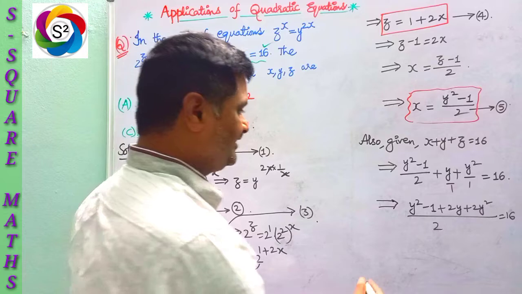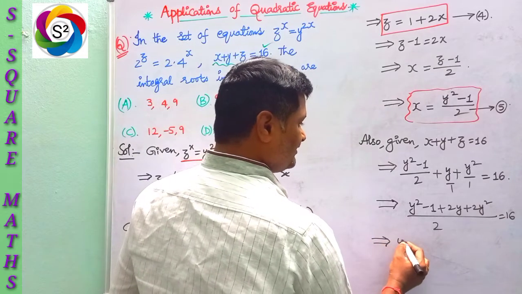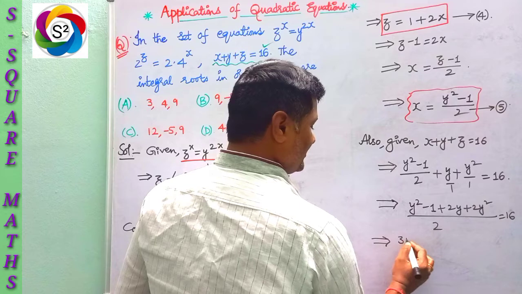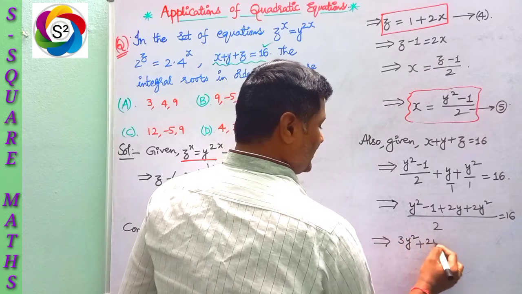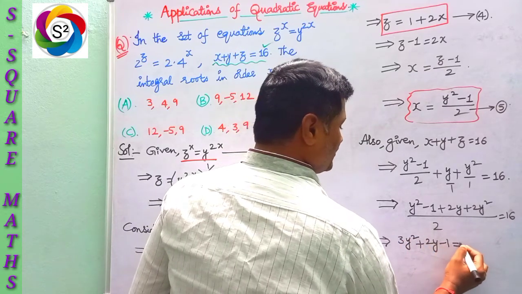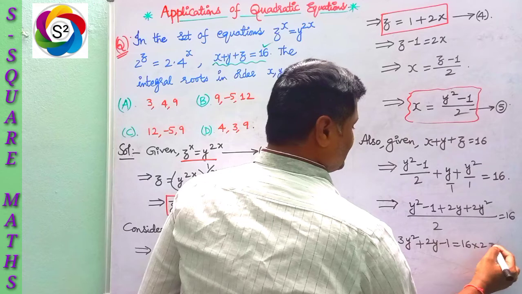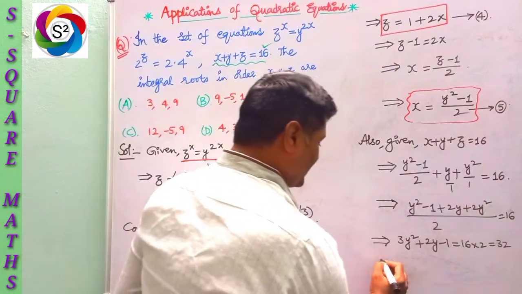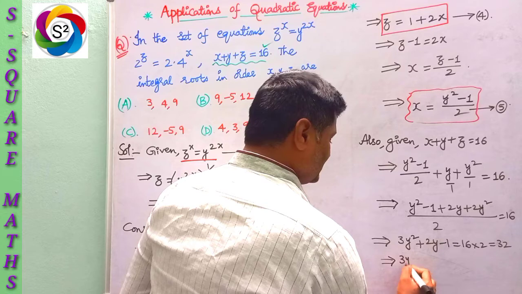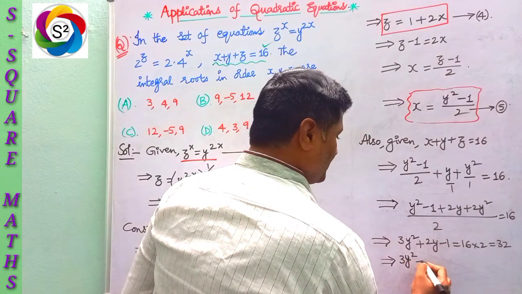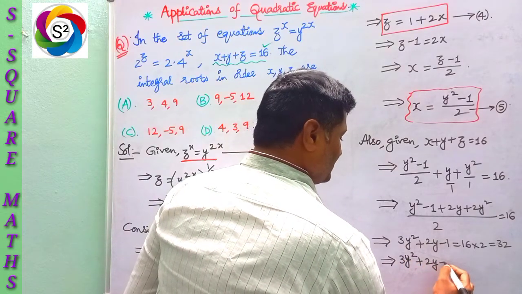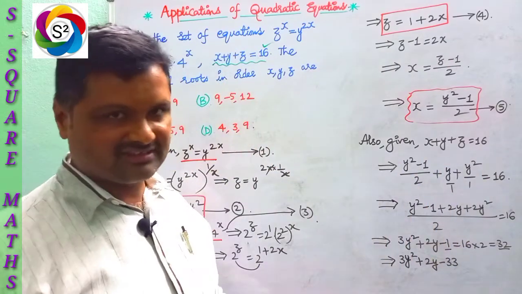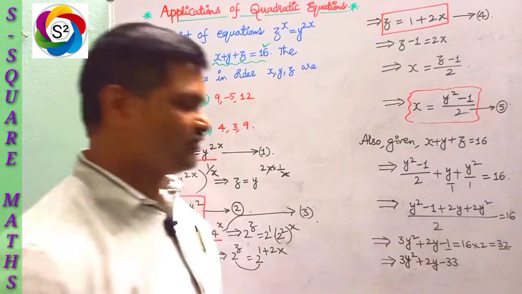Cross multiplying, I get y square plus 2y square, which is 3y square, plus 2y minus 1 is equal to 16 into 2, which is 32. Finally, transposing to this side, I get 3y square plus 2y minus 33 is equal to 0, since 32 coming to this side means minus 32, and minus 1 minus 32 is minus 33.